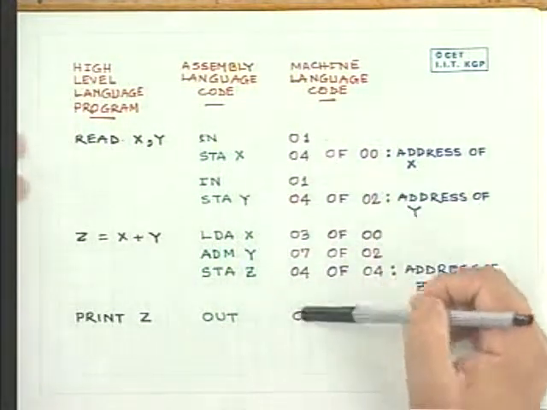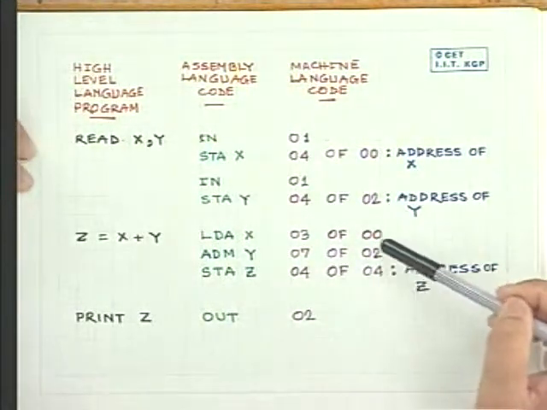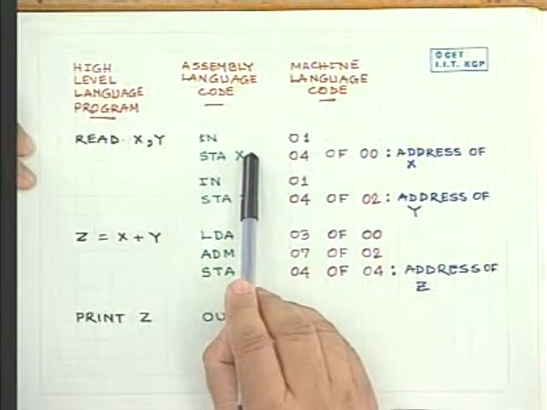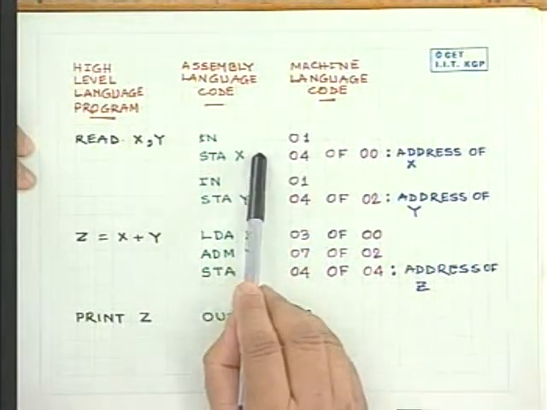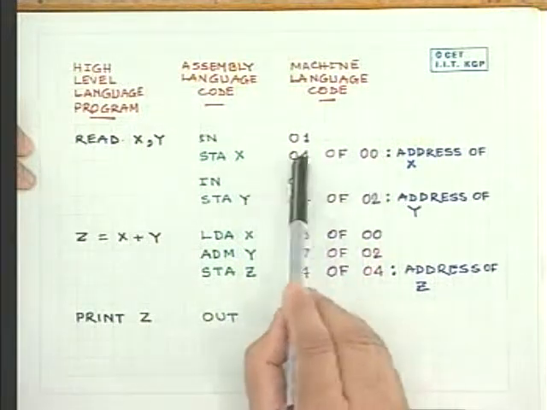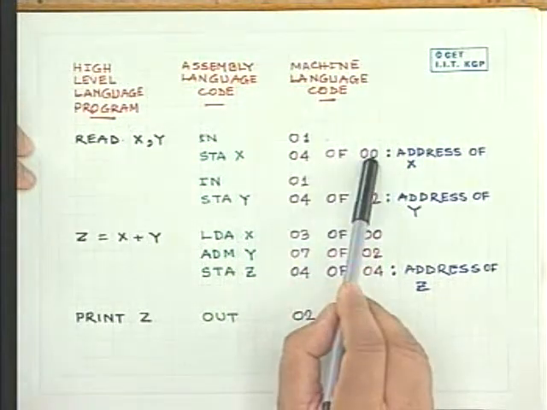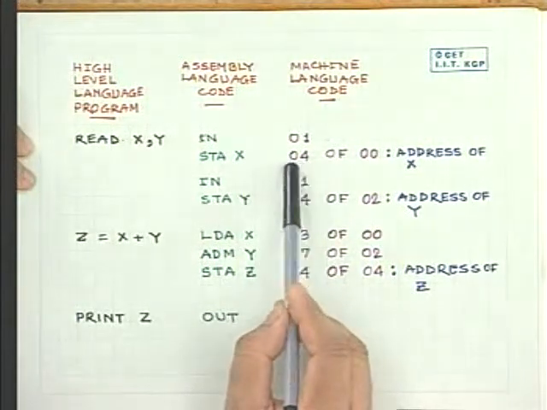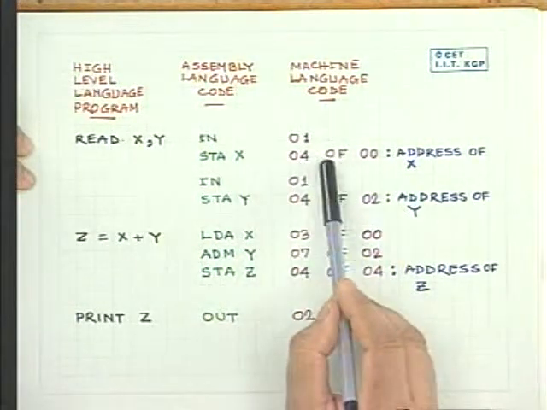So this way, I wanted to emphasize one thing, that every assembly language has more or less a counterpart in machine language, and that machine language generally consists of two parts. One is the operation code part, and another is the operand part.